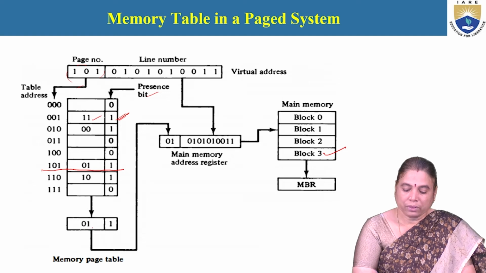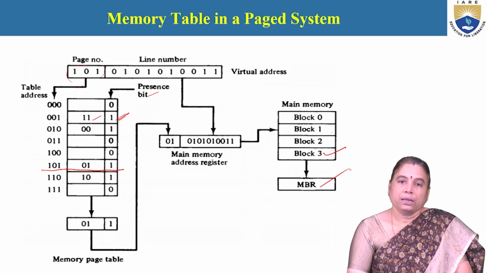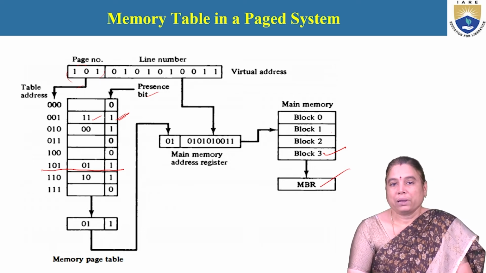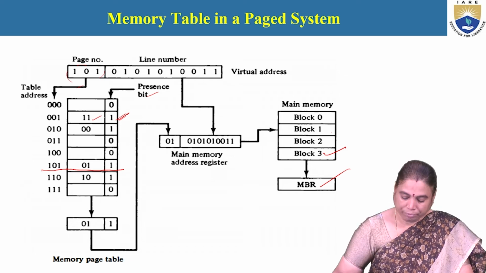With the help of this 01, the main memory address register can be accessed and the line number can be used to represent the corresponding location of the memory. From that, the value stored at that location can be retrieved into the MBR register. In this way, the memory mapping logic can be established with the help of the virtual memory table.